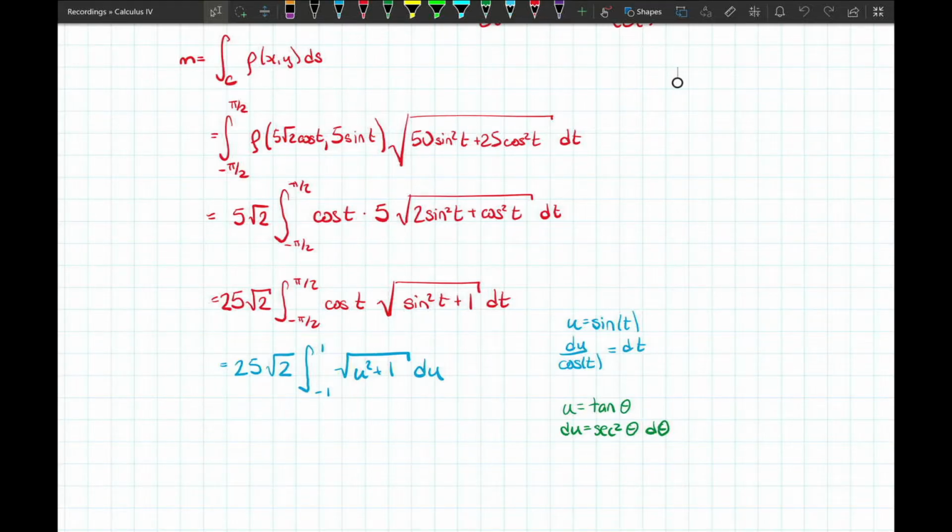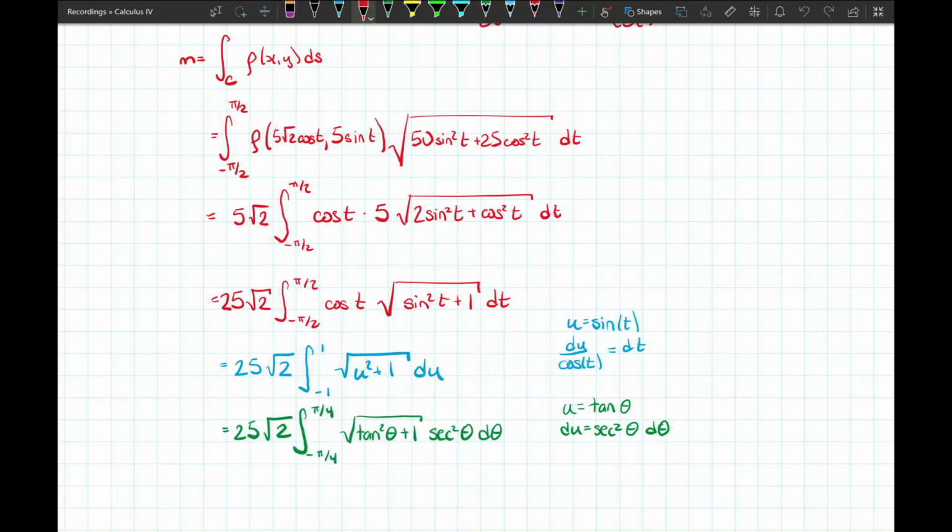Tangent squared theta plus 1 is equal to secant squared theta, and then the square root of secant squared theta is simply secant. But we do have to remember to change the du, our integrating variable, and du is going to equal the derivative of tangent, secant squared theta, d theta. Once again, don't forget to change the interval of integration as well.